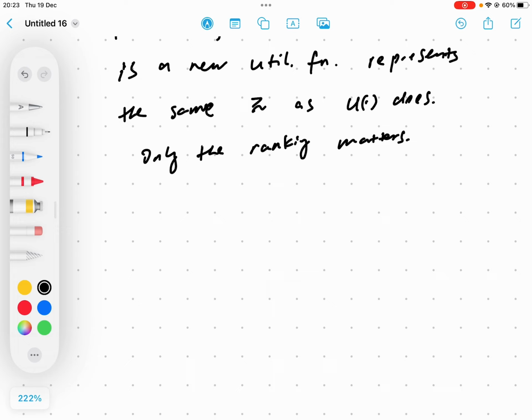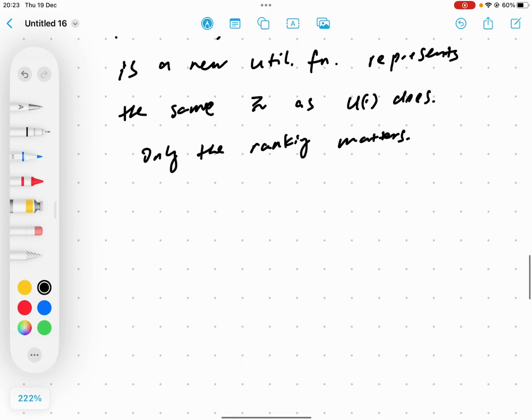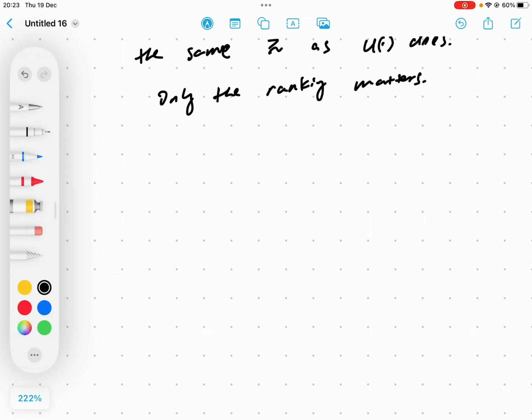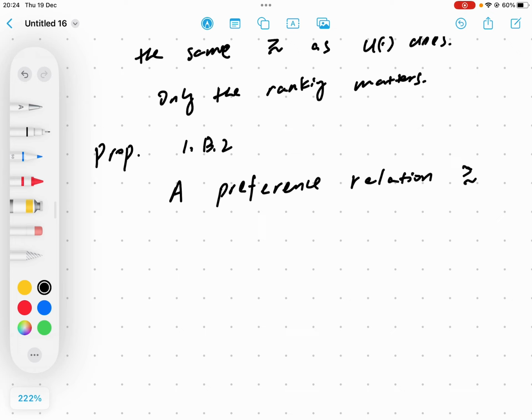All right, so that'll be the definition. So now let's move on to some results on the utility functions, a very, very fundamental result. So that'll be proposition 1.b.2. Okay, so it says that some preference relation, okay, so this preference relation, when it can be represented by some utility function, right? Sometimes we cannot, okay?